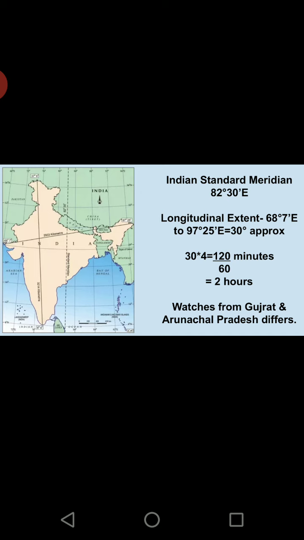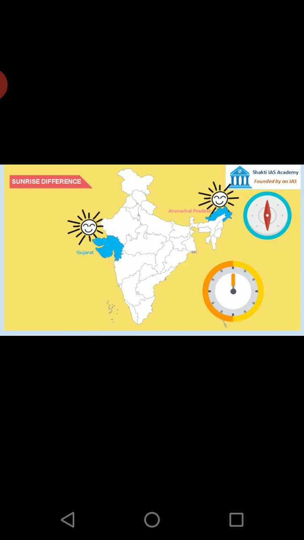If we take these two extreme points, Gujarat on the western side and Arunachal Pradesh on the eastern side, we find that there is almost a gap of 2 hours between them. The watches will be showing different timings, as the sunrise is at different times.